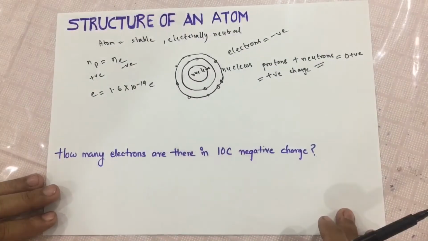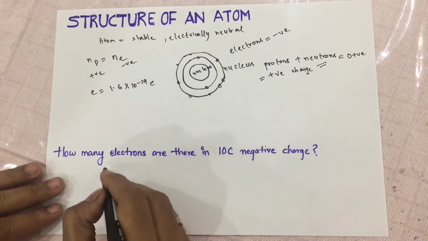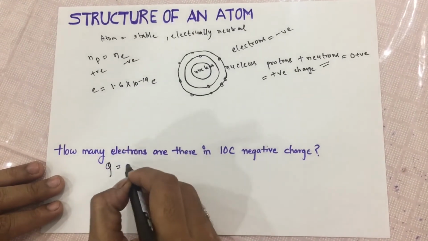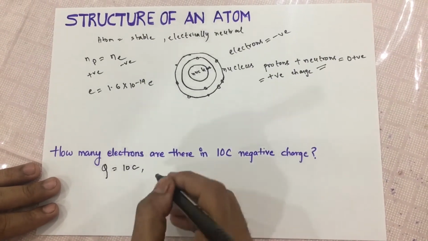So let us solve a problem. How many electrons are there in 10 coulomb of negative charge? We know the total negative charge Q is 10 coulomb, and electrons give the negative charge.